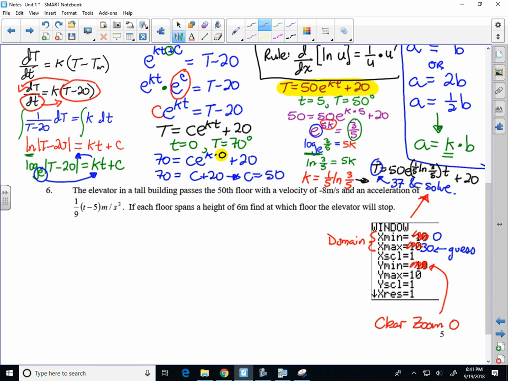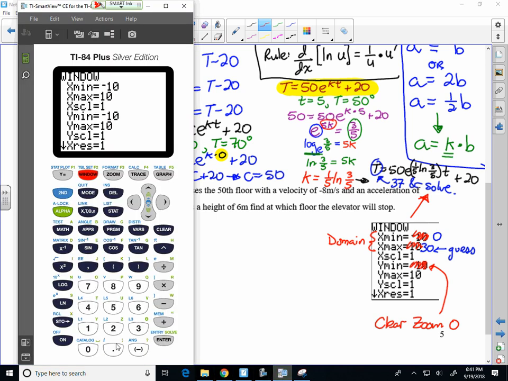All right? So let's put this stuff in our window. 0 as my x min. I typed the equation in, right? 0, 30. Leave y max alone. You can actually do the clear zoom 0 in either y min or y max.